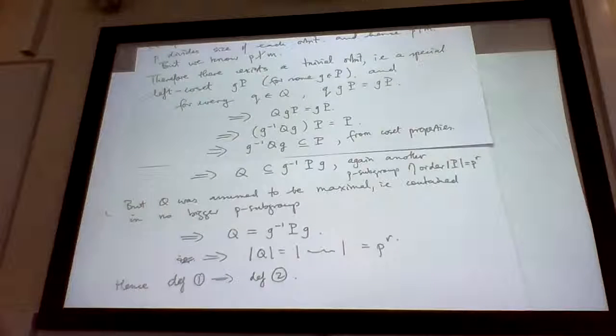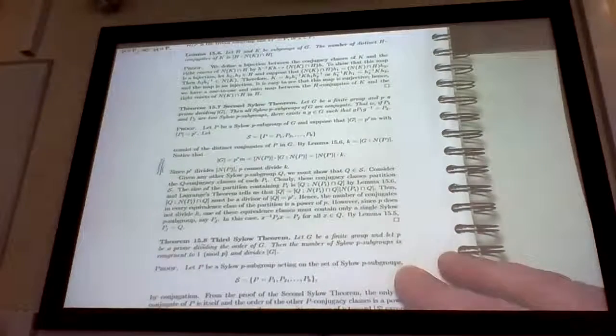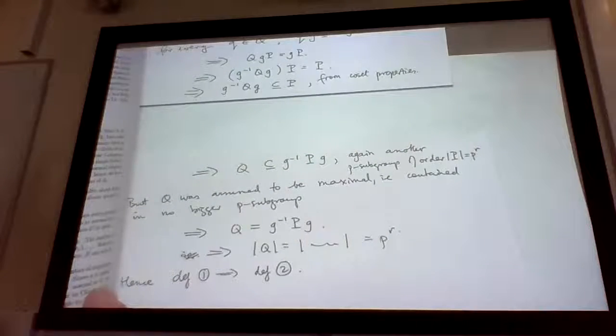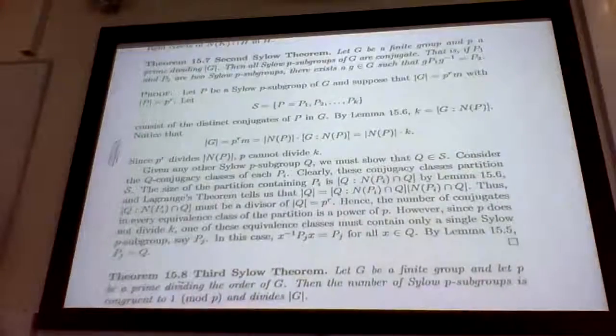What we've in a sense done with that argument, considering the action of a p-subgroup on the cosets of another one, I believe, and I might have to double check this, but let's just look at the statement. There are a couple of intervening lemmas we may need to code for the third Sylow theorem. So we might have to come back to those technical lemmas, but let's just look at the second Sylow.